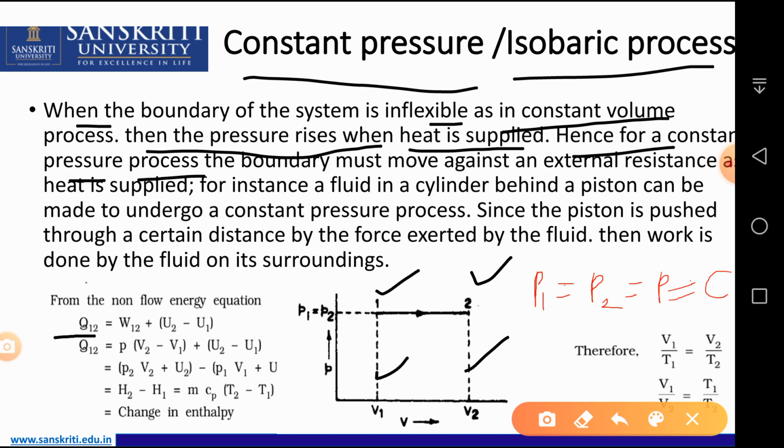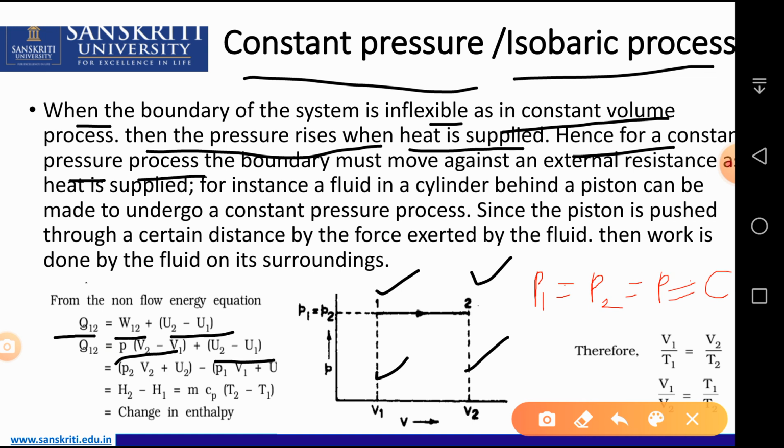This is the first law of thermodynamics equation: the heat for the 1 to 2 process, the work done for the 1 to 2 process, and the change in internal energy. So W12 is the integral of P dV, and the pressure is constant, so W12 = P (V2 minus V1) is the work done, and the change in internal energy is U2 minus U1.